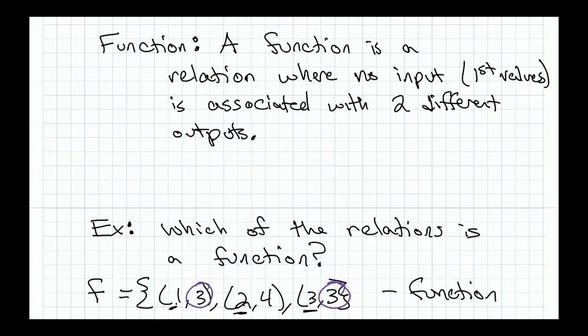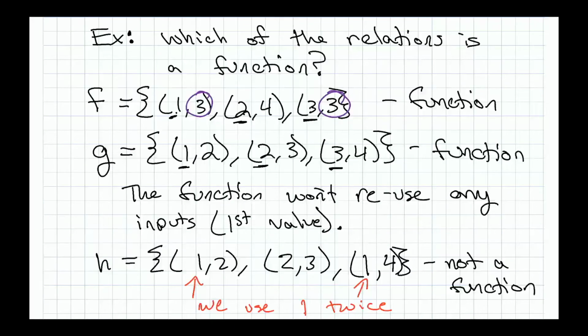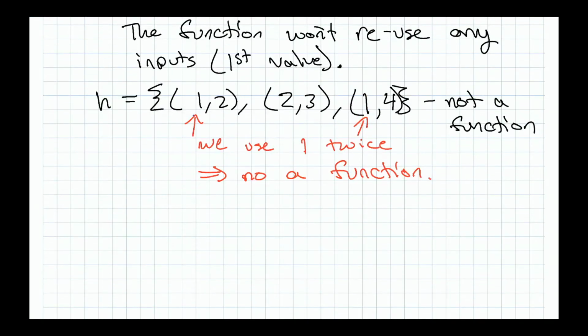The definition says no input is associated with 2 outputs. So no input value can be used twice. But the output values can be used twice. So having 3 here and 3 here, that's fine. Having 1 here and 1 here, that's not fine. Okay? So that's how you would tell if something is a function when you're looking at a list of ordered pairs that defines the function.